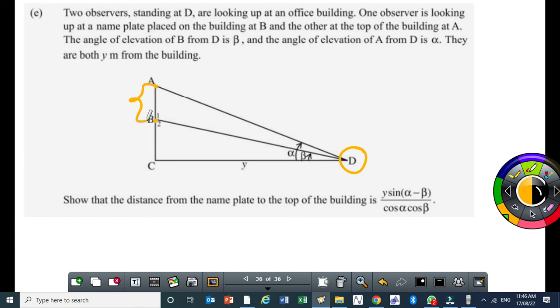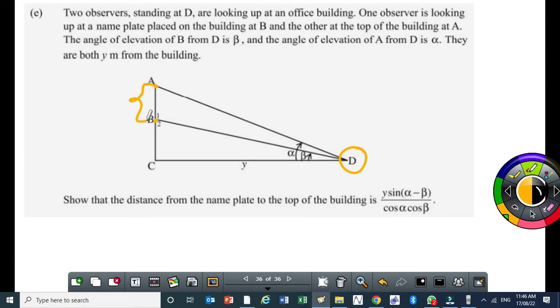Now, I'm also sure that you can agree with me that if I'm going to calculate the length of AB, I can get the length of AC, get the length of BC, then do a what? A subtraction. Isn't it? I think that's the route which I'm going to take. But that's not the only way to.